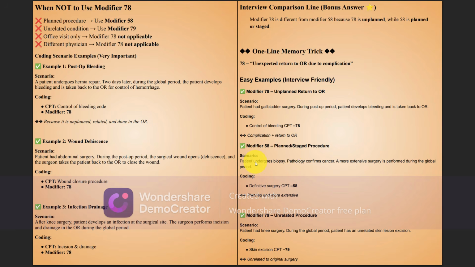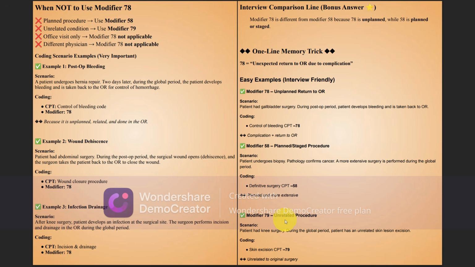Scenario: patient undergoes biopsy, pathology confirms cancer, and a more extensive surgery is performed during the global period. Code the definitive CPT with modifier 58: planned and more extensive. So we use 58 in this scenario, and 78 in the above scenario.